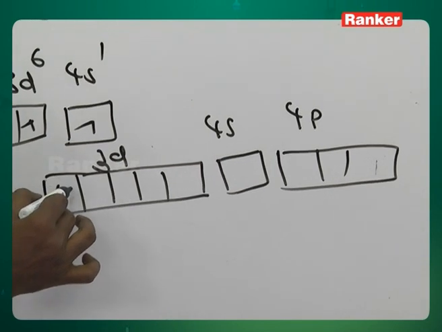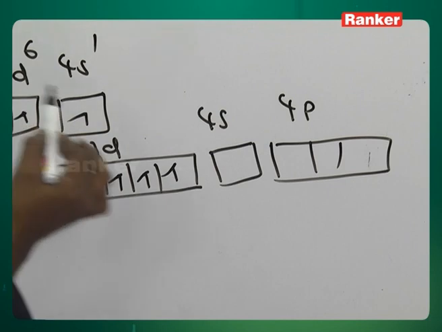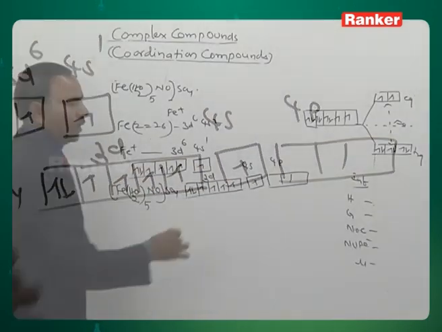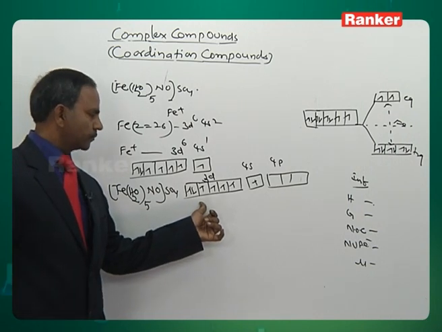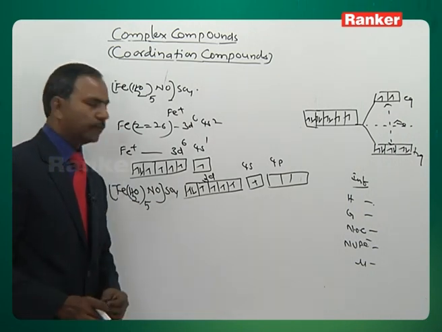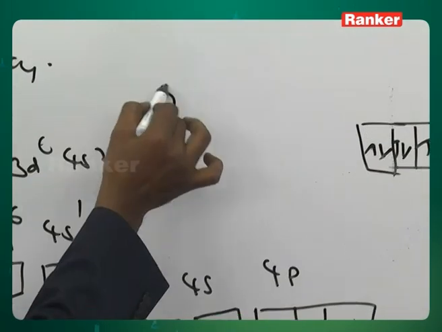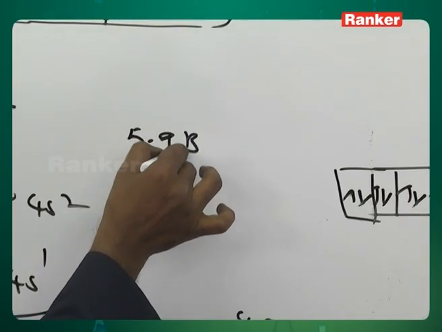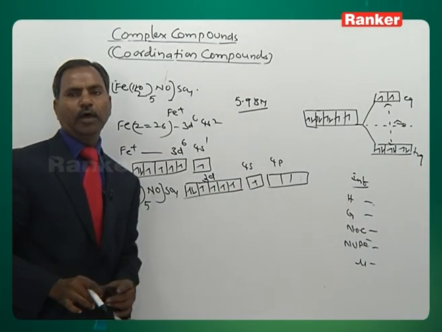Now these particular electrons, 1, 2, 3, 4, 5, 6. Suppose the s electron is there in the s orbital only. Then according to this arrangement, 5 unpaired electrons are there. 5 unpaired electrons means you have to get for the brown ring complex a magnetic moment of 5.9 BM.